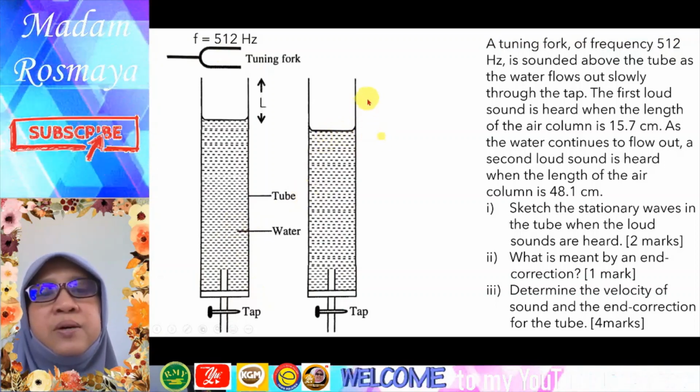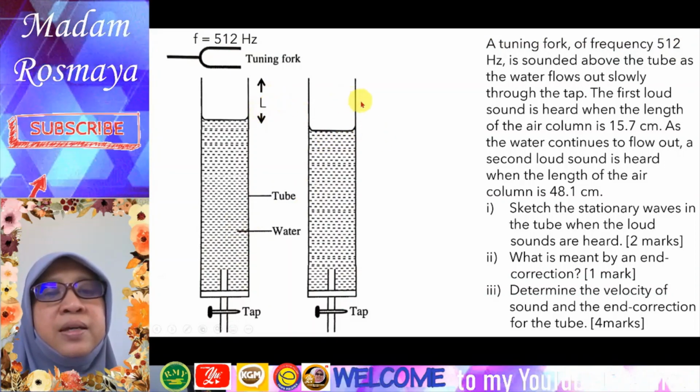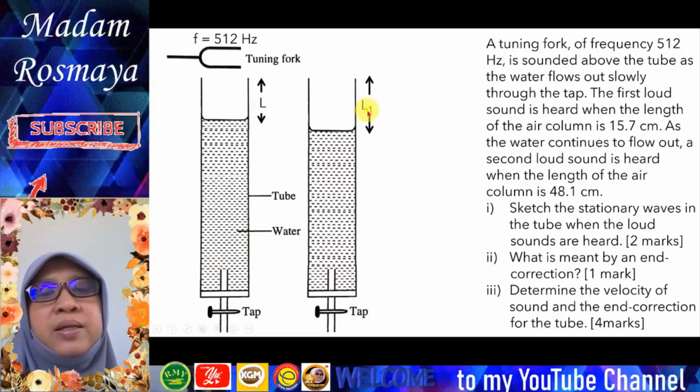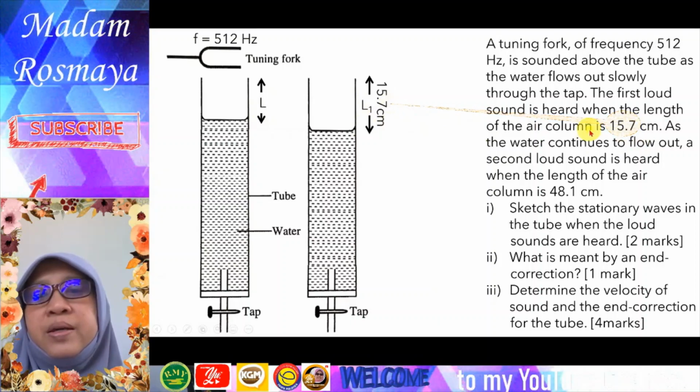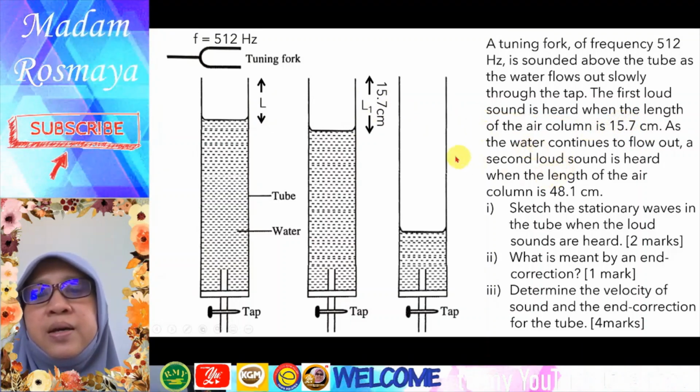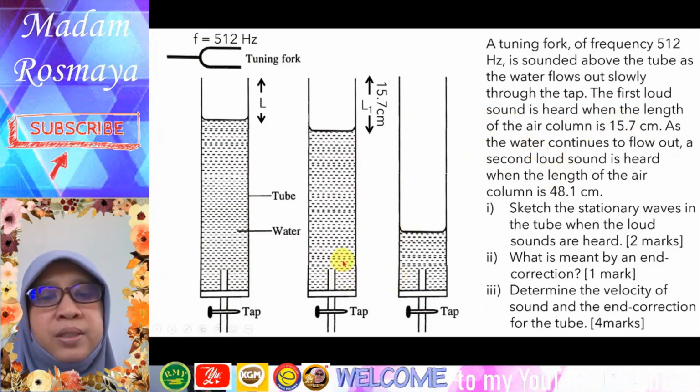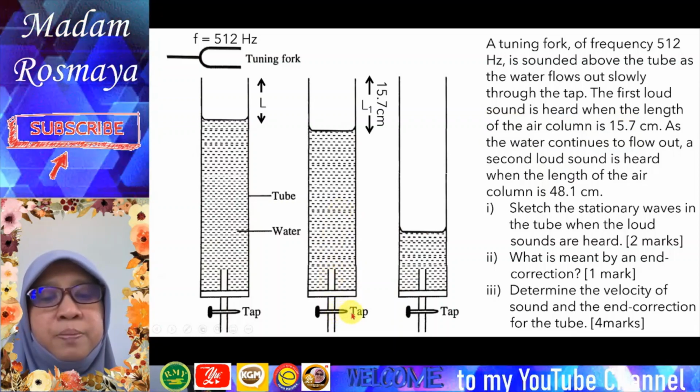The first loud sound is heard when the length here becomes 15.7 cm. Then for the second loud sound, the water continues to flow out from the open tap here.